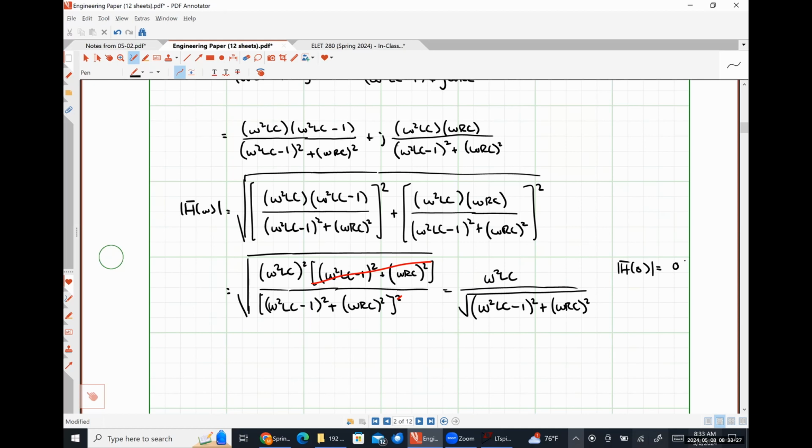So 0 over 1 is 0. At very high frequencies, we are going to have omega squared in the numerator. So that's infinity squared. In the denominator, we're going to have the square root of infinity squared squared. So we have infinity squared over infinity squared, which is effectively 1, and we get the exact high pass response that we would be expecting.